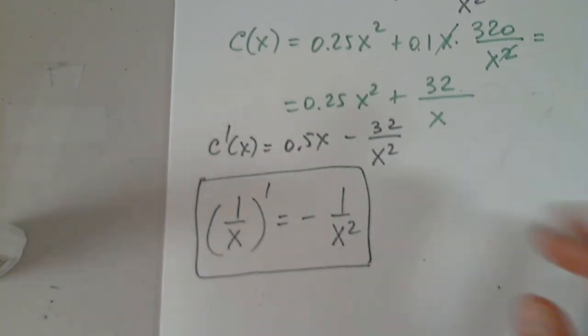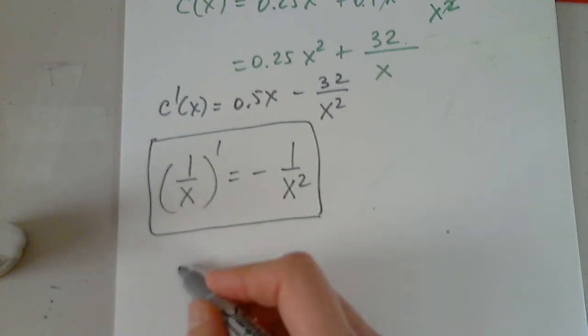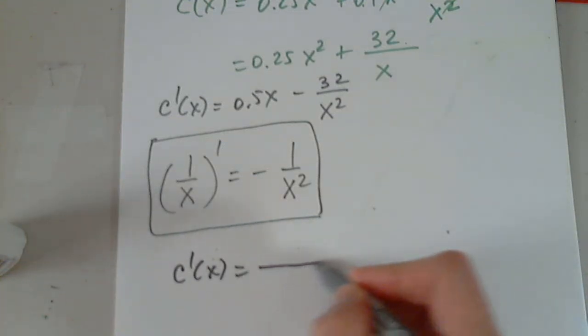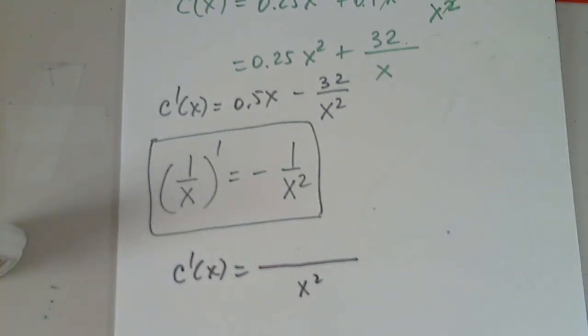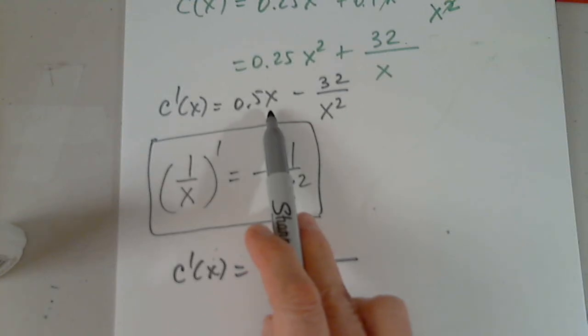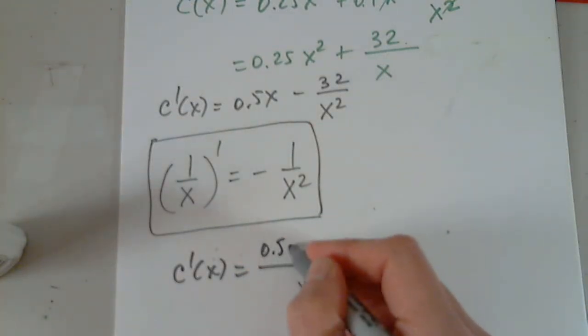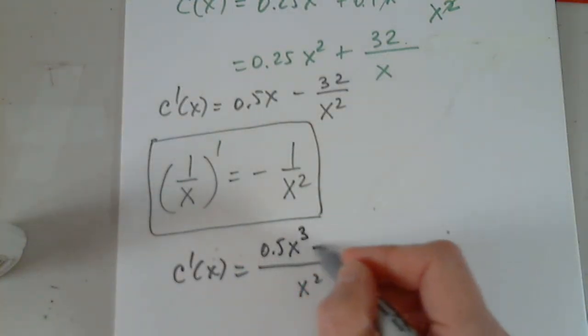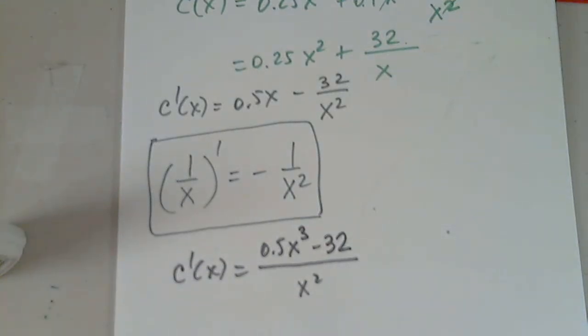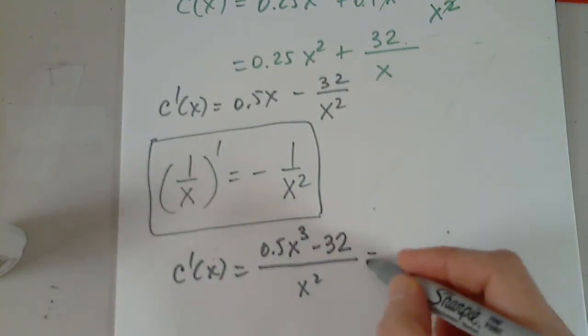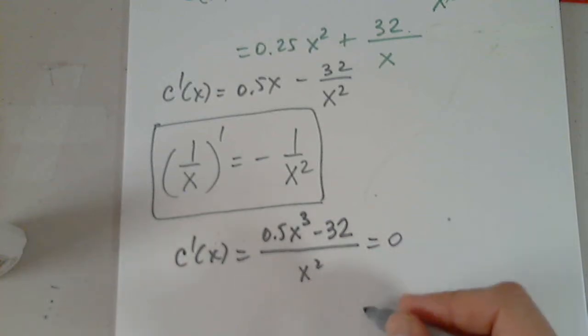Now, this, I need to find the LCD. I have no choice. So c prime of x has x squared in the denominator. I have to multiply by this. So I have 0.5x cubed minus 32. And when I set this equal to 0, the numerator has to be 0.